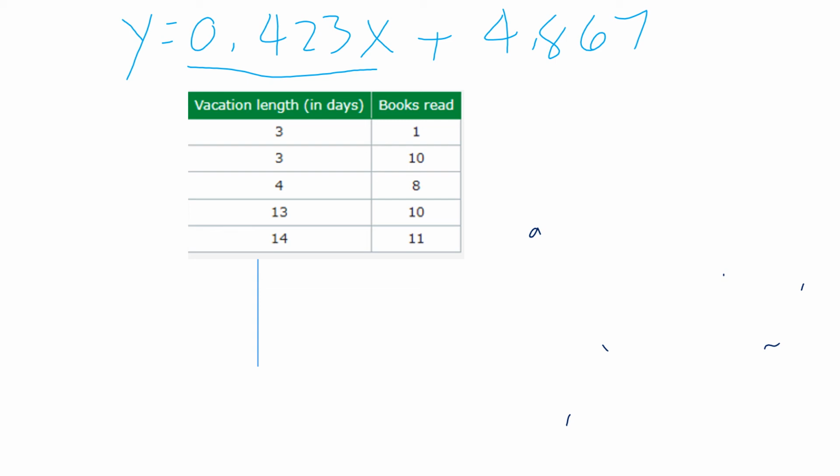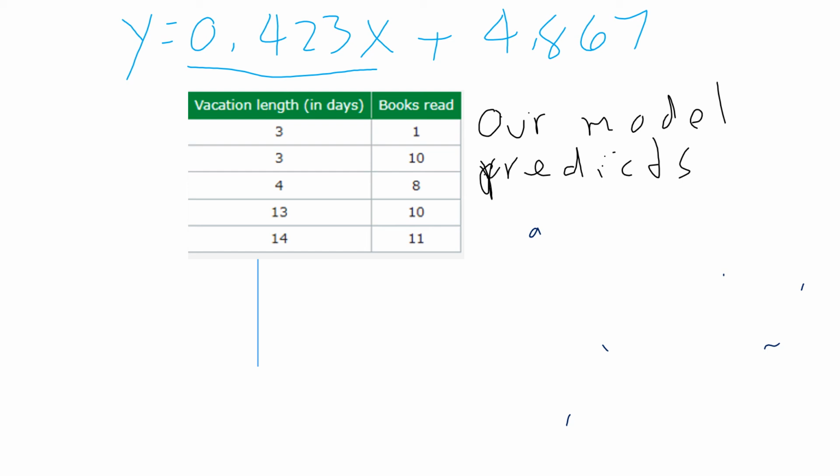So, since our slope is positive, we can say the following: that our model predicts, for each additional day of vacation, there's an increase of one book read.